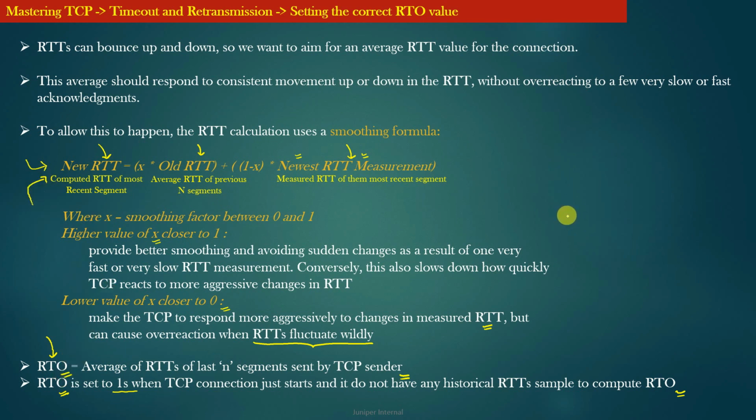Anyways, this was just a discussion to give you an idea of how TCP computes the value of RTO for a connection and how TCP keeps updating the value of RTO for every data segment it injects into the network and receives an ACK.